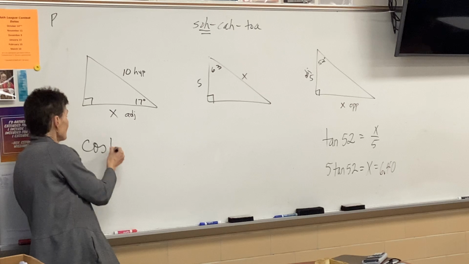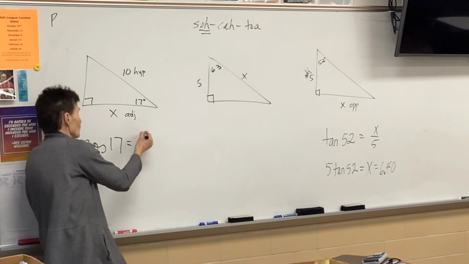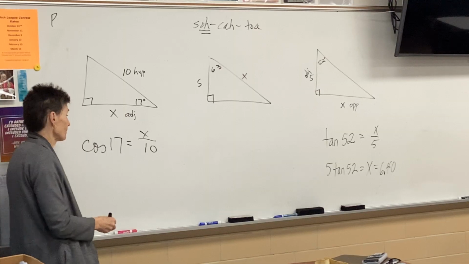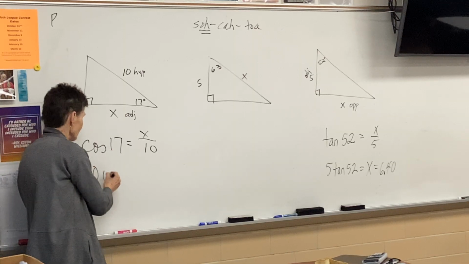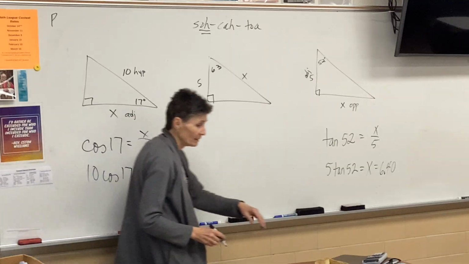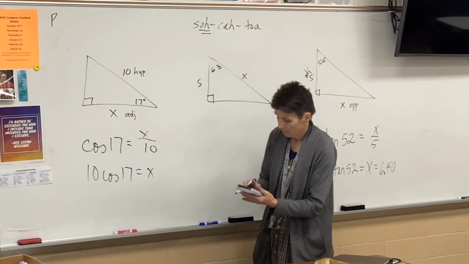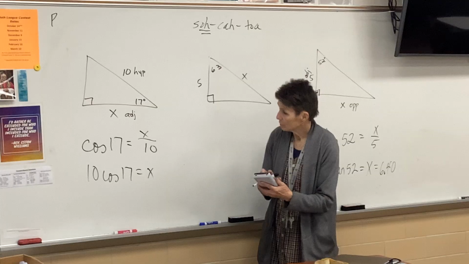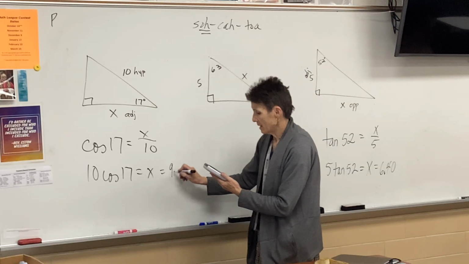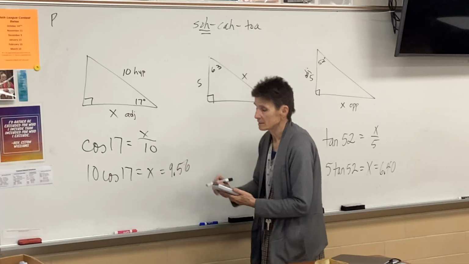So cosine 17 equals x over 10. Multiply by 10. And that's it. I'm ready to type it in. So here we go. 10 cosine 17. And I got 9.56.